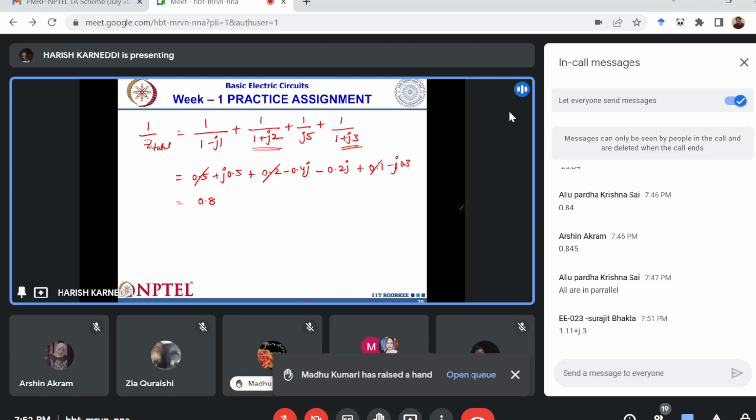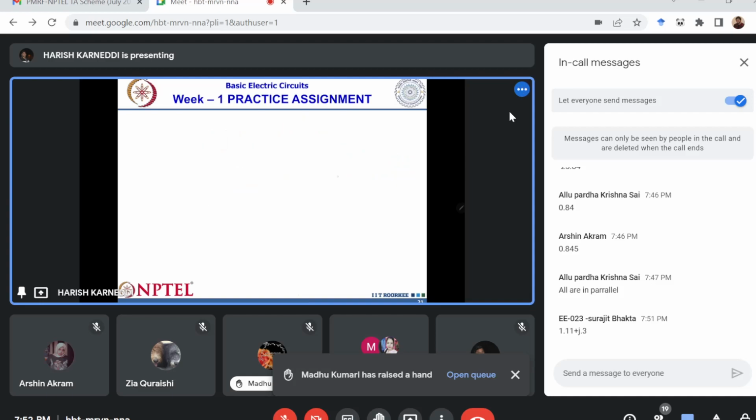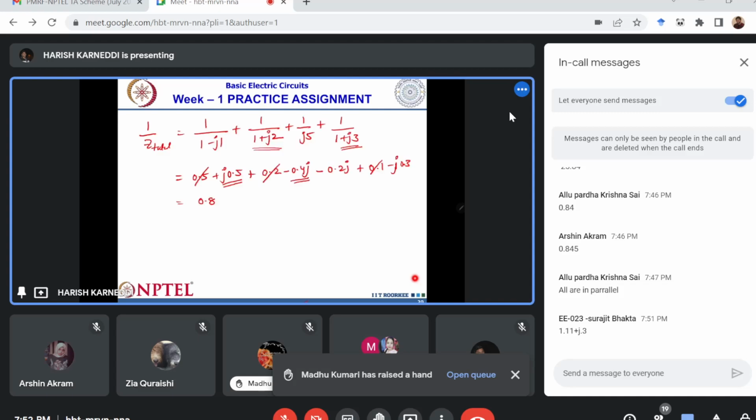And sum all the imaginary components: j0.5 minus j0.4 minus j0.2 minus j0.3.